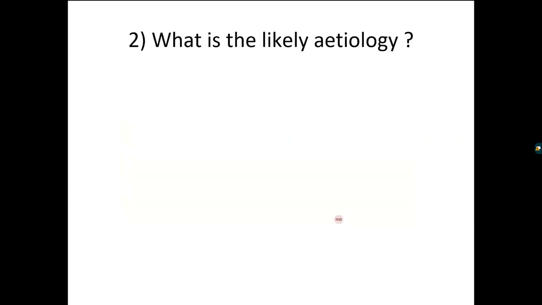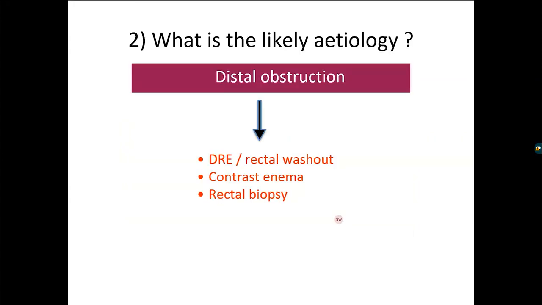So let's try and do the same for a large bowel obstruction. Diagnosis is made by clinical assessment and plain X-ray. And for you to arrive at the exact diagnosis, you might have to do certain things like a rectal examination, contrast enemas in various cases, and even rectal biopsies.